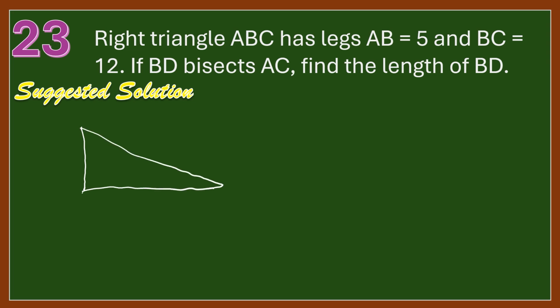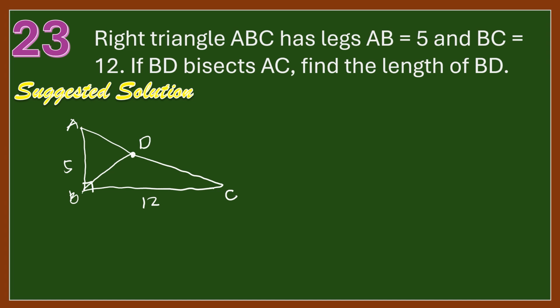AB is 5 and BC is equal to 12. So we have AB equal to 5 and BC equal to 12 units. Then we have segment BD that bisects segment AC, which is the hypotenuse in our figure.